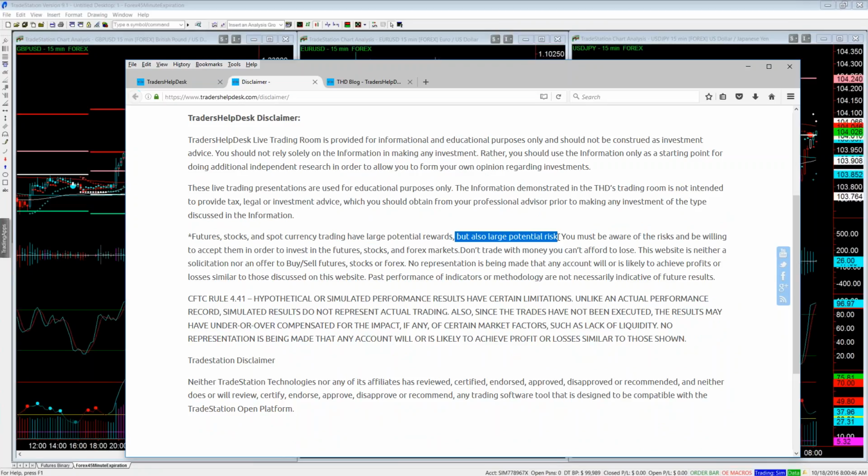So you must be aware of the risk, and you should never, ever trade with money that you cannot afford to lose. If I take a trade this morning in the room, it will be in a demo account. Okay, this is an educational room, and I'm not going to treat it as just a trade along with Gail room.